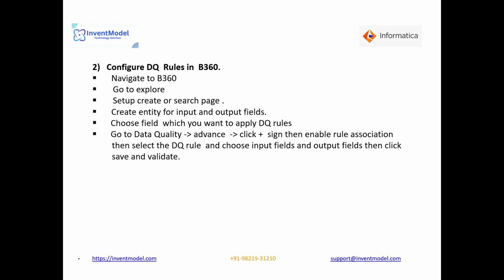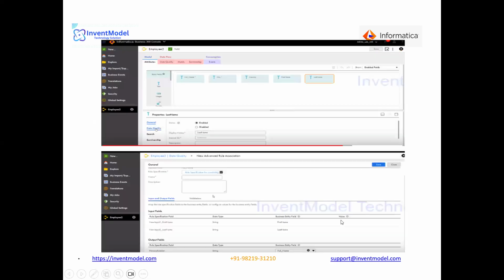After that, we need to map those input and output fields. We choose the input fields, whatever input fields we have there, and then the output field as well, where we want to see the DQ rules applied, and then we need to save and validate. Move on to the next.